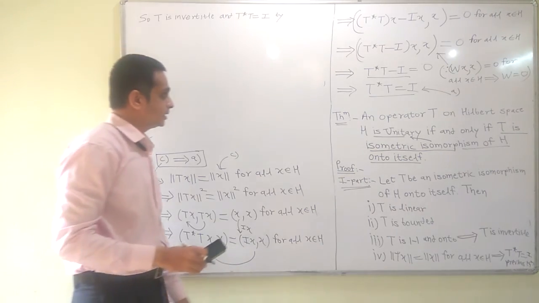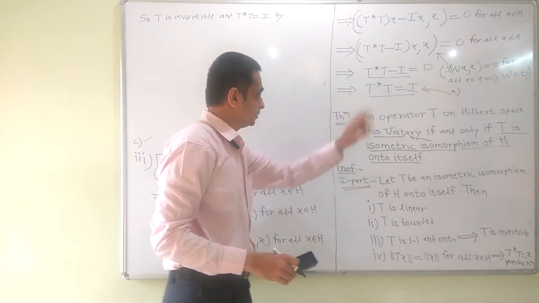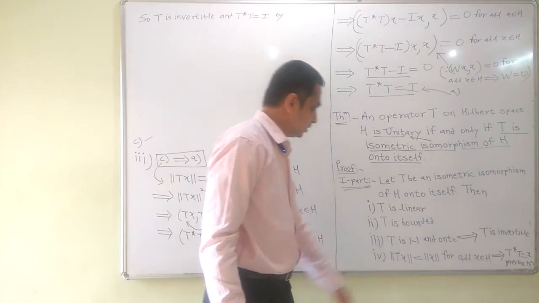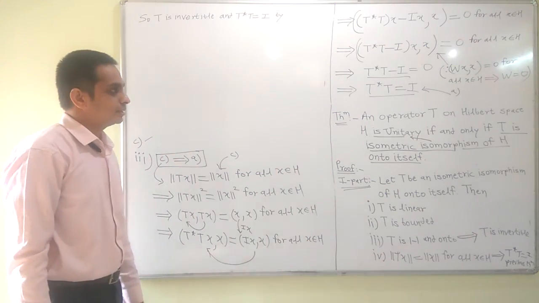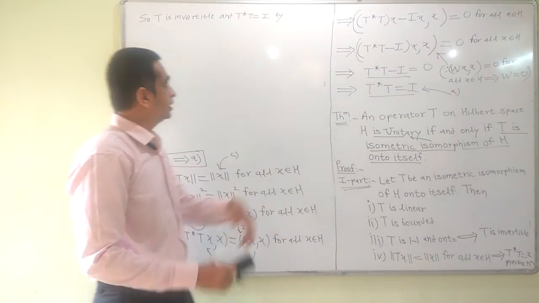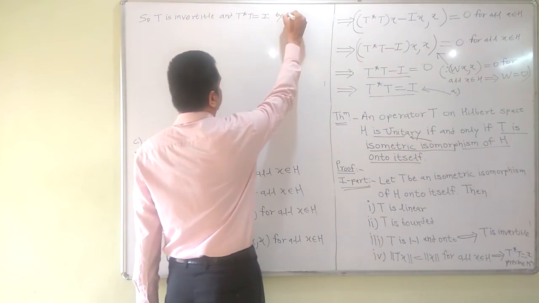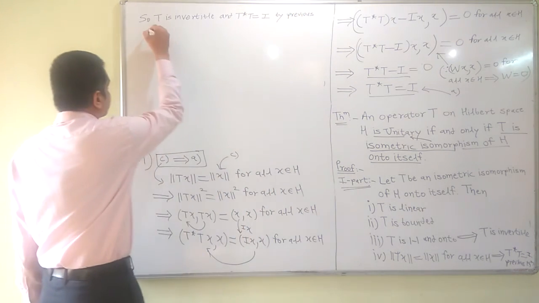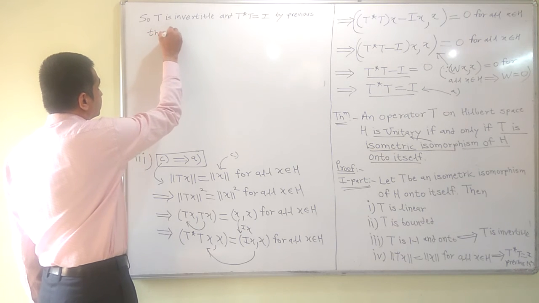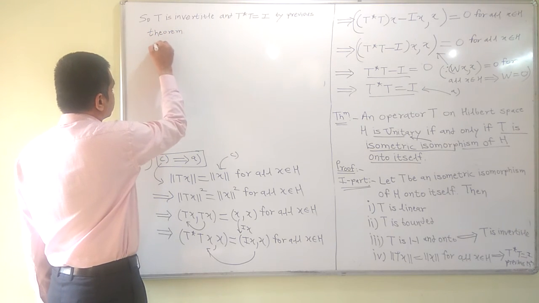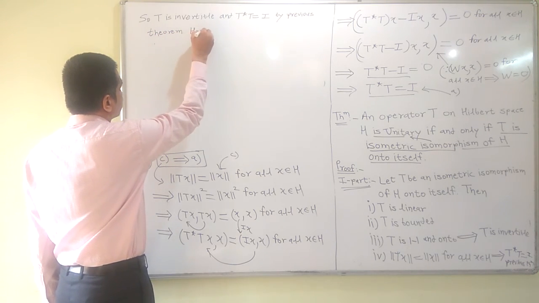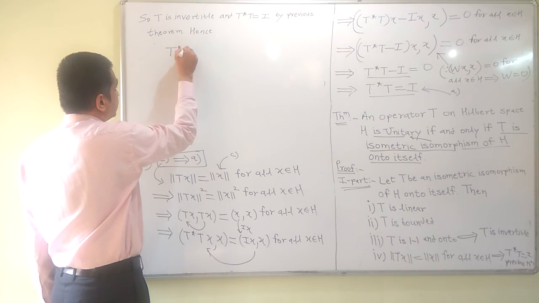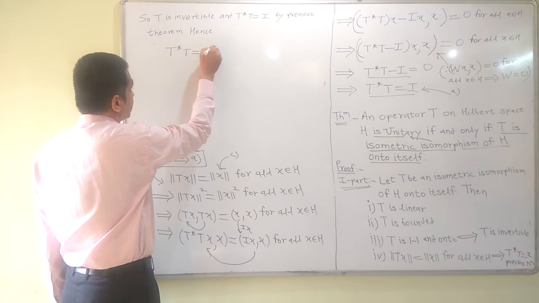We have seen that if T star T is equal to I, then norm of Tx is equal to norm of x, and conversely if norm Tx is equal to norm x, then we have T star T is equal to I by the previous theorem. Hence T star T is equal to I.